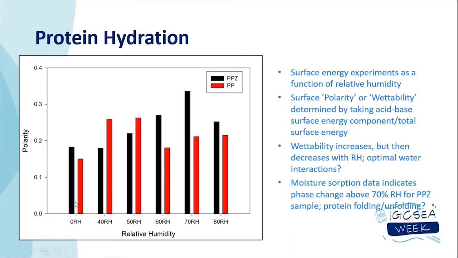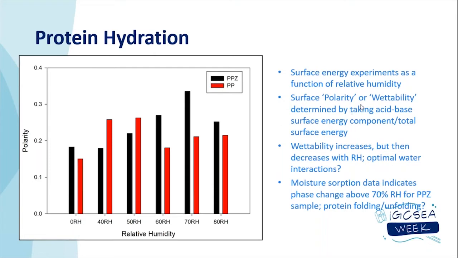And again, as is important with most biological materials, water can play a massive role in how they behave. So we wanted to look at this as a function of relative humidity as well. Here we took a single value, I believe at 0.05 surface coverage, and looked at the relative polarity, which is the acid-base contribution divided by the total surface energy, and that gives an indication of surface polarity or surface wettability.